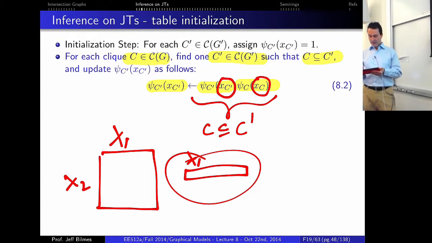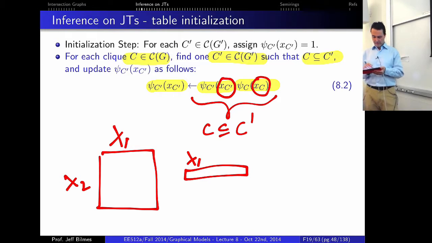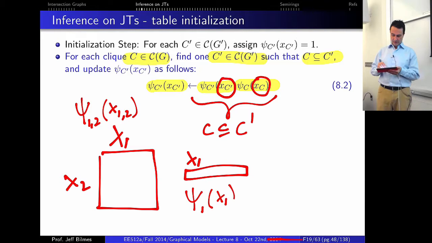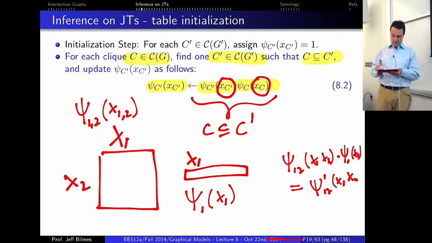So on the left we've got a function which is psi of 1, 2, x of 1, 2. On the right we've got a function which is psi of 1 of x of 1. And when we multiply these together, we have psi of 1, 2, x1, x2 multiplied by psi of 1, x1. That can give us a new table, psi prime of 1, 2, x1, and x2.